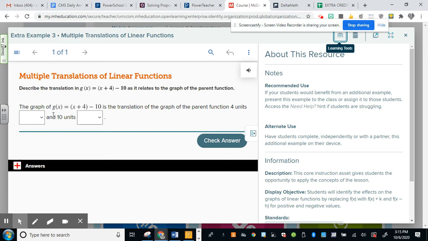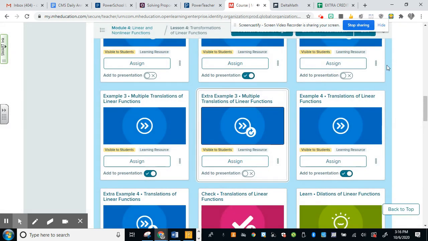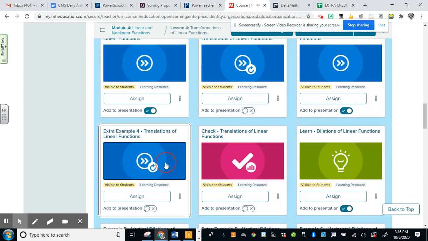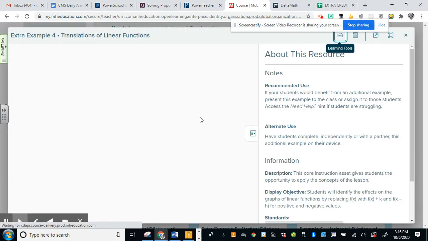So instead of right, it would be left. And then 10 units, since it's a negative, it's going to be going down. That is 4 left, 10 down. We're doing great. Let's check this one out.